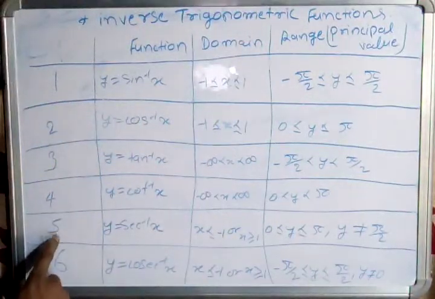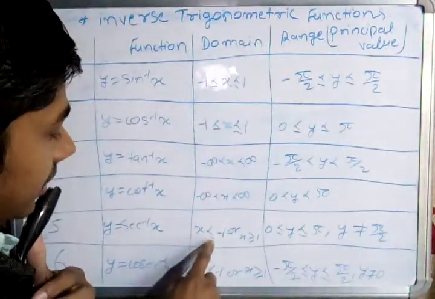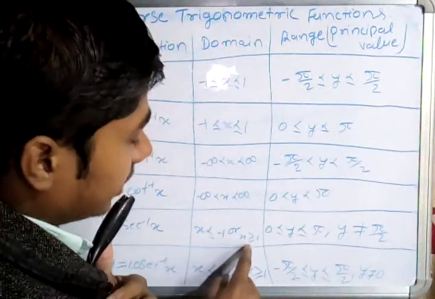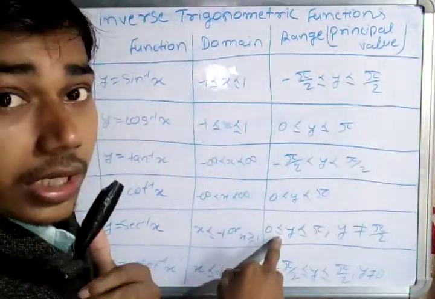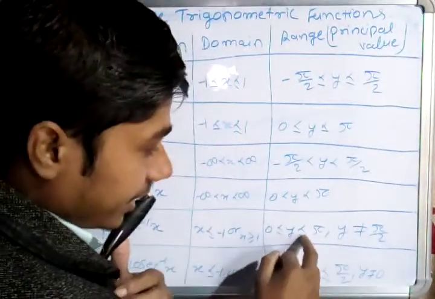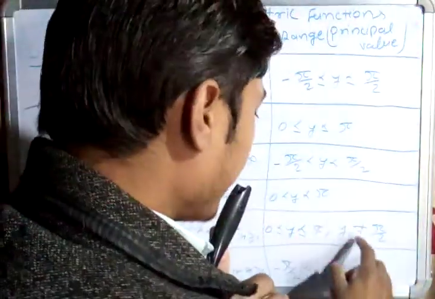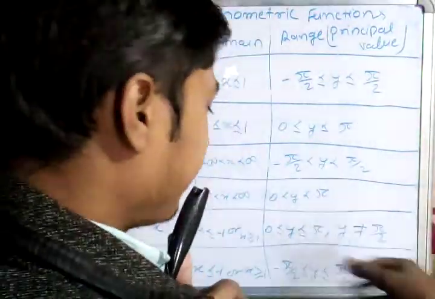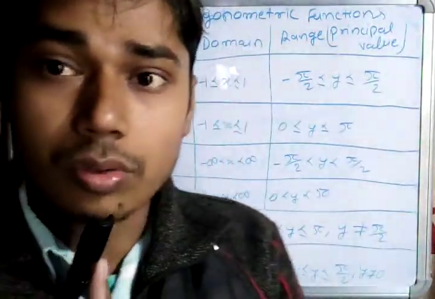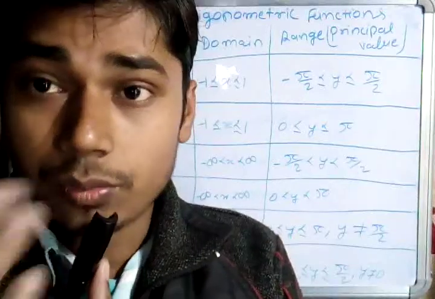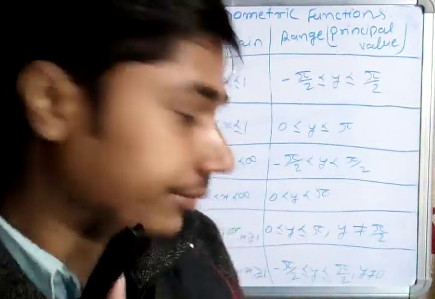Y is equal to sec inverse x: domain x less than or equal to minus 1 or x greater than or equal to 1, and range 0 less than or equal to y less than or equal to pi, y not equal to pi by 2, that is, y not equal to angle 90 degrees. Here we take the value of pi as 180.